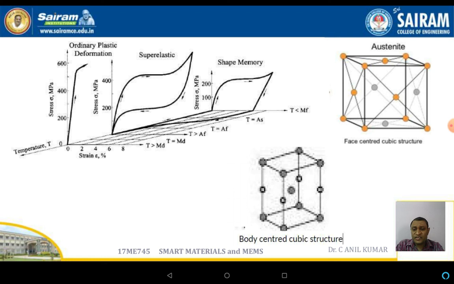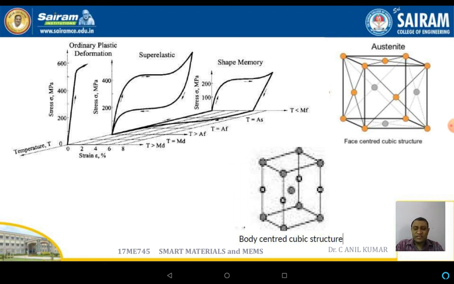Once it reaches a particular temperature, around 55 degrees centigrade, the entire austenite start is converted into austenite finish. Then once the material starts cooling, the austenite finish starts converting into twinned martensite, where the entire strain retained in the material is recovered.